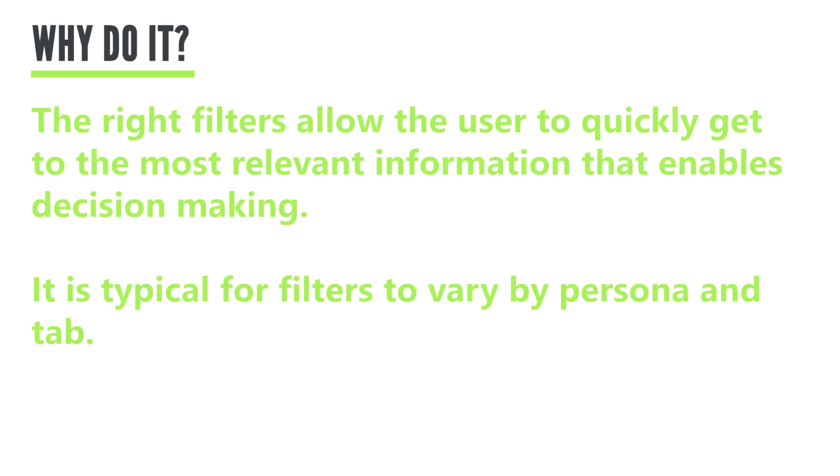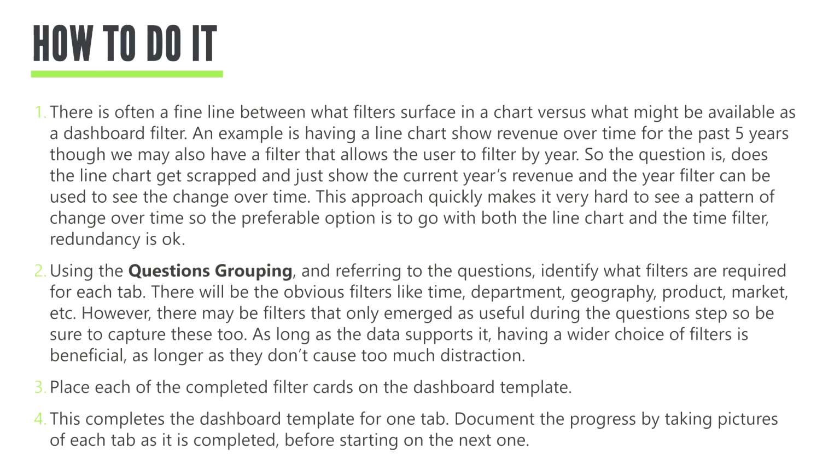So how you go about that is you start to look for the obvious ones. There's a hierarchy you might want to look at. Maybe there's a time filter. That's usually important. Is there a department filter, country filter, product filter, customer segment, all of the usual things? But these have to be informed by the persona. There's little advantage in taking just a general approach here.